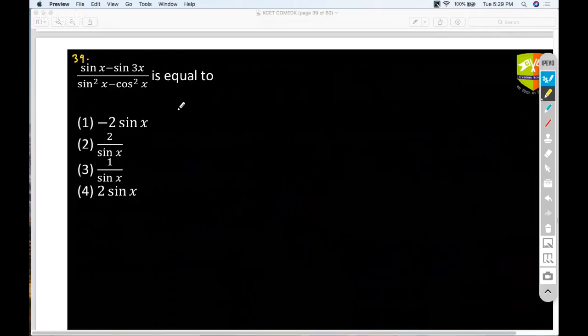So it is a pretty simple question based on trigonometry, and you can always choose a special value of x to solve such questions.